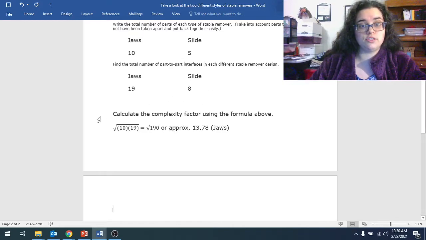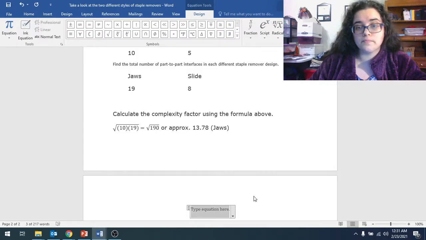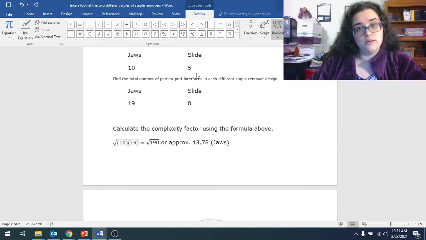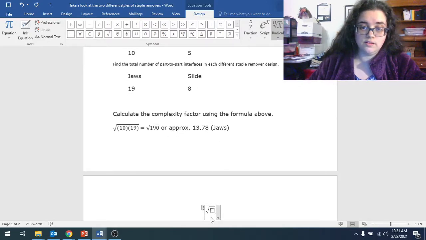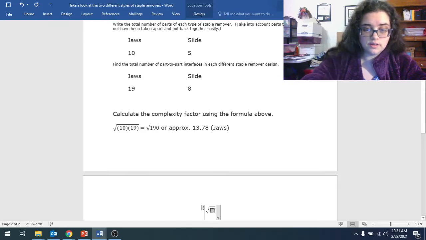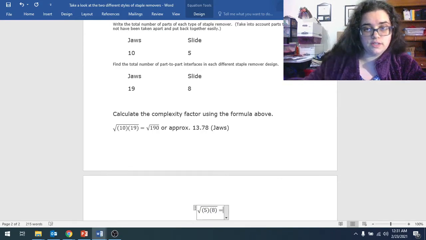Alright, let's look at the slide version. The slide version, we're going to have the square root of 5 parts times 8 interfaces. 5 times 8 is 40, so square root of 40.